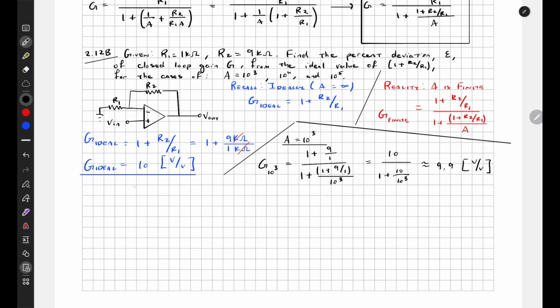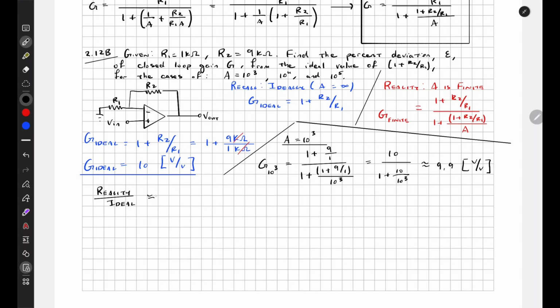How we do that is we do reality divided by ideal. Why we put the ideal in the denominator is because we're comparing to that. Whatever value you're comparing to, you put in the denominator. So that will be reality divided by ideal.